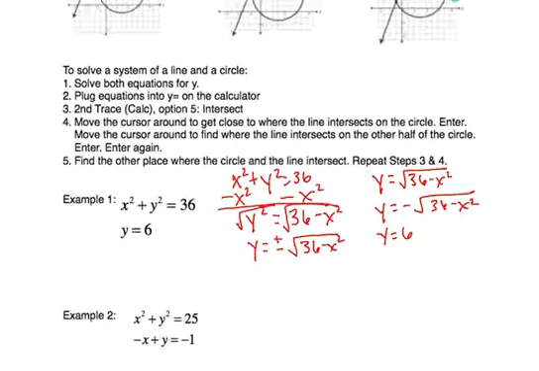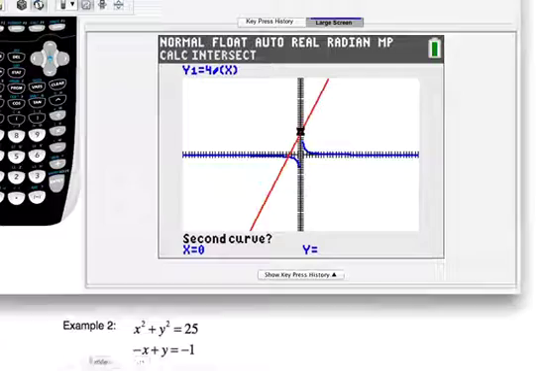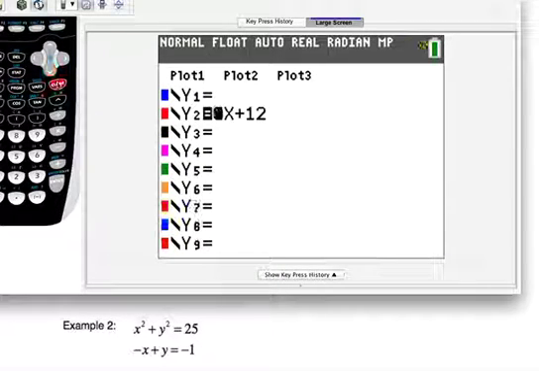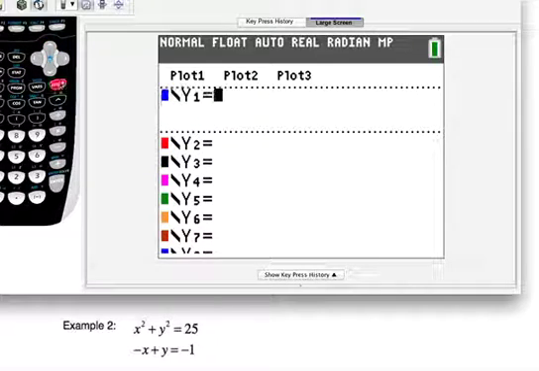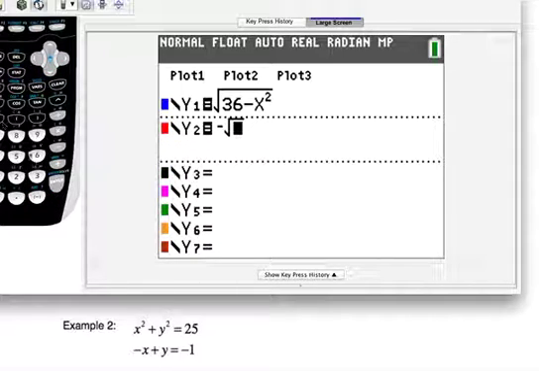So to do this, you're going to go to your calculator. On the calculator, you're going to go to y equals, clear out anything that may be there already. For your first equation, it was the square root of 36 minus x squared. The second equation was negative square root 36 minus x squared.